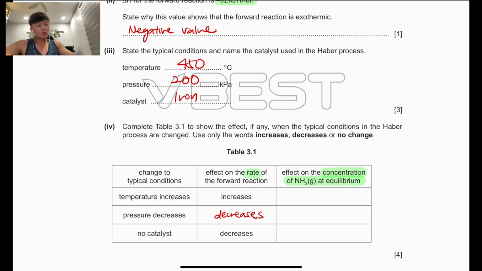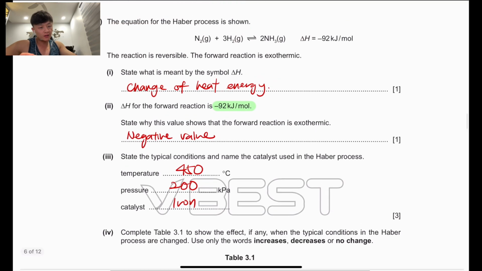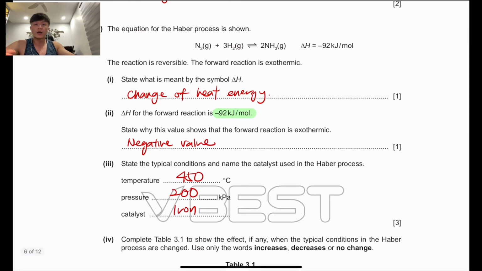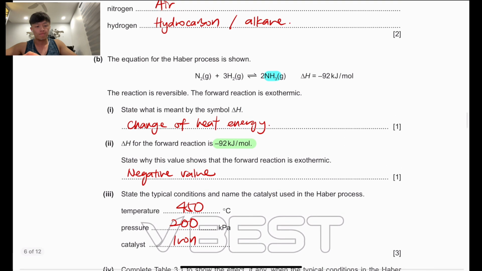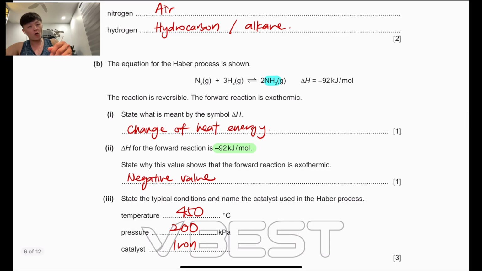Okay, next one, how about the concentration of ammonia? First, you see this is a reversible reaction. They are asking about the concentration of ammonia, which is on the right hand side. So first, how temperature affects the position. Remember, an increase in temperature will always favour the endothermic reaction. As mentioned here, forward is exo.